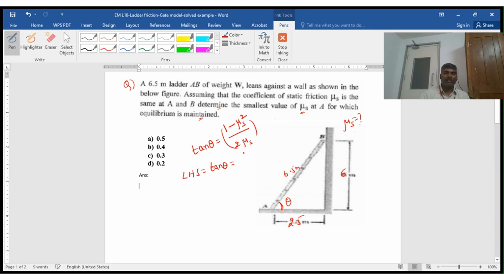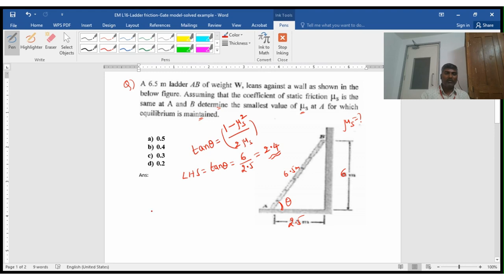So opposite side by adjacent 2.5 works out to 2.4. Whichever value matches the left hand side when you substitute in the right hand side is going to be your answer. So just verify one by one.